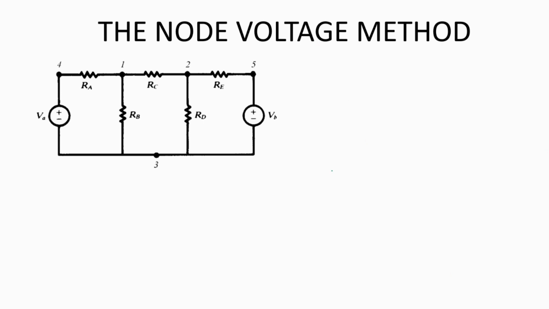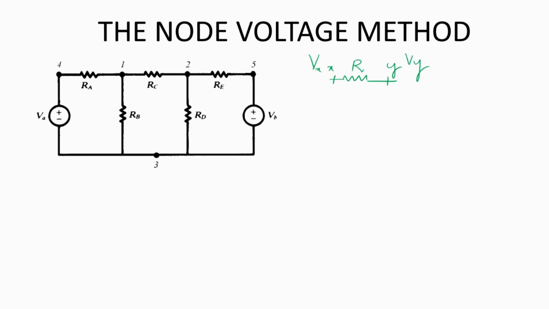Before we go into the steps of resolving the circuit using the node voltage method, let us consider this simple branch between the terminals or nodes X and Y. Say the voltage at node X is Vx and the voltage at node Y is Vy.